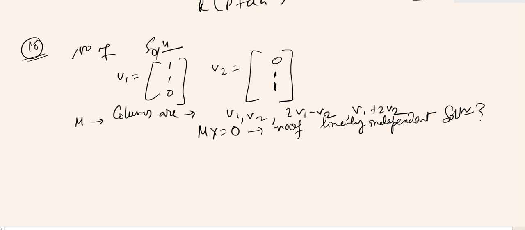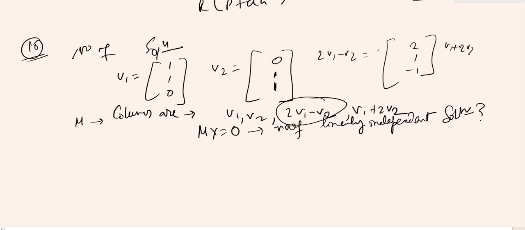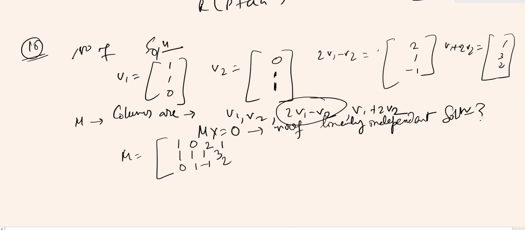V1 is this, V2 is this. So 2V1 minus V2, another one, this one: 2, 1, minus 1. V1 plus 2V2: 1, 3, 2. So M equal to 1, 0, 2, 1, then 1, 1, 1, 3, then 0, 1, minus 1, 2.